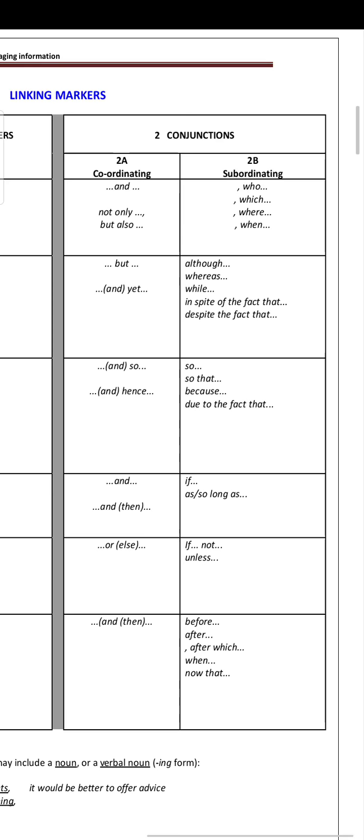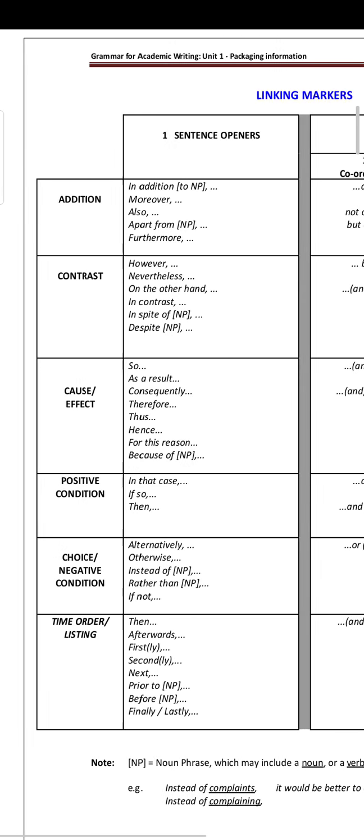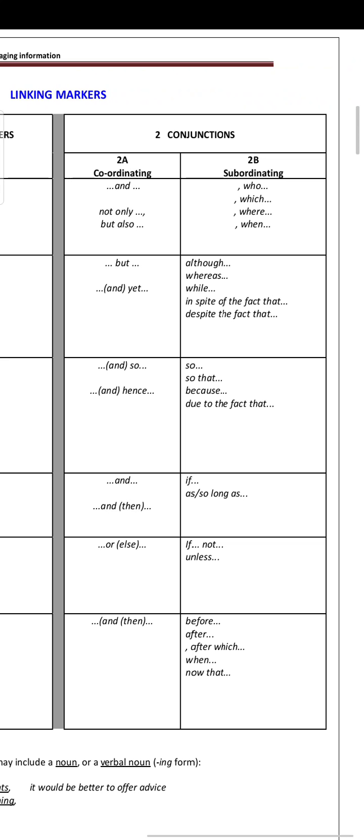Then we have to tell positive condition for conjunctions. We can use and, which is very popular and can be used for all coordinating conjunctions, for every situation, even for contrasting, combined with yet, and then to show cause and effect, to show the positive condition, to show negative condition, all and can be used, but sometimes it is paired with another conjunction.